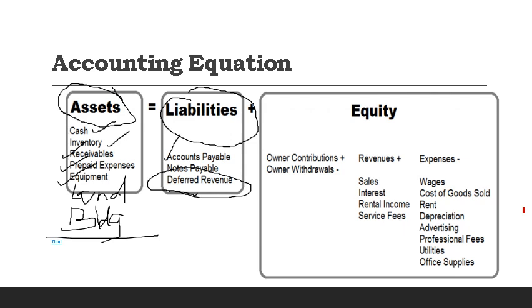So we know now assets. We know now liabilities. We have to understand that these words, assets, liabilities, and equity, are terminologies used in accounting.